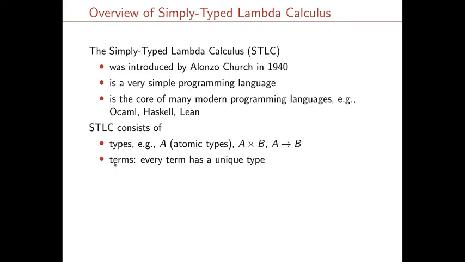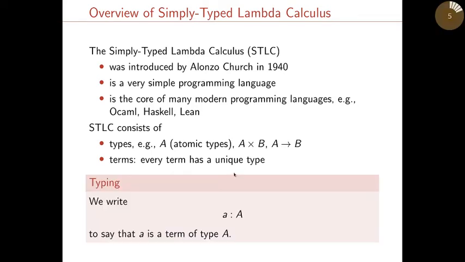Terms can be seen as inhabitants of types. It's important that every term has exactly one unique type. So, in the following, we will mostly talk about typing, and we will write a colon capital A to say that a is a term of type A.